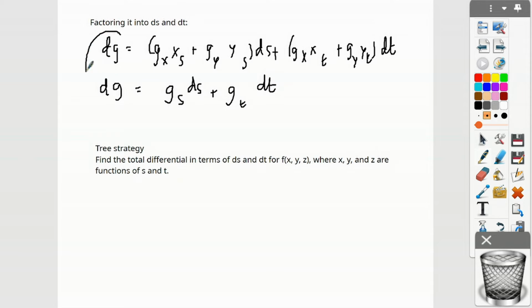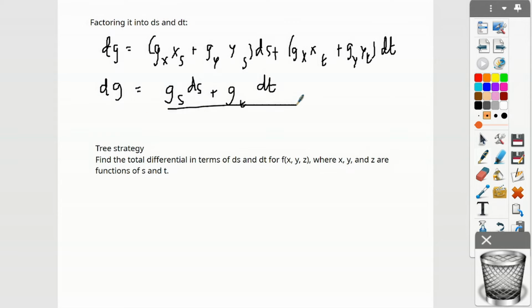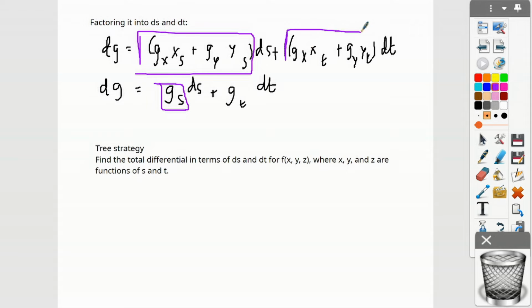Right, dg is equal to this, because we worked it out from this, but also this, because that's the chain rule. That's just the chain rule. So what we end up getting is this equivalency. This is equal to this, and this is equal to this. There we go.